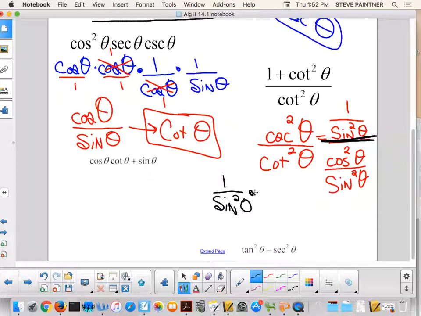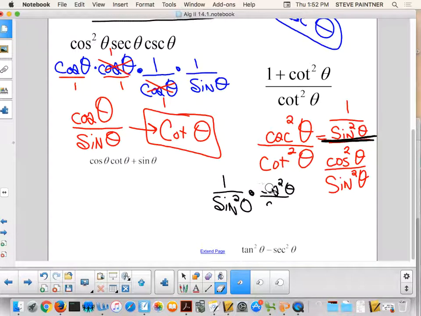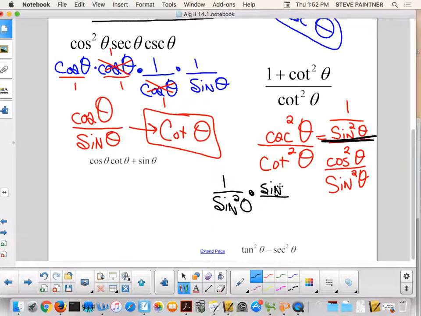So 1 over sine squared theta times sine squared theta over cosine squared theta. The sine squares are gone. Your answer becomes 1 over cosine squared of theta.